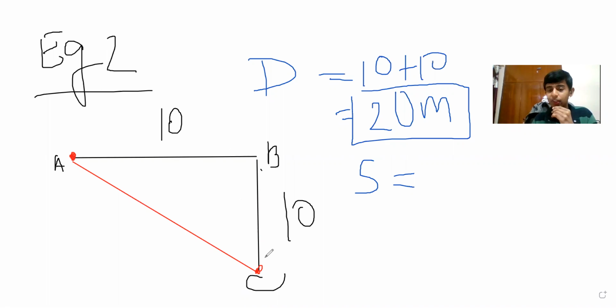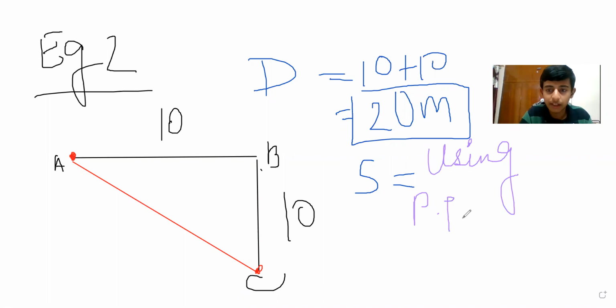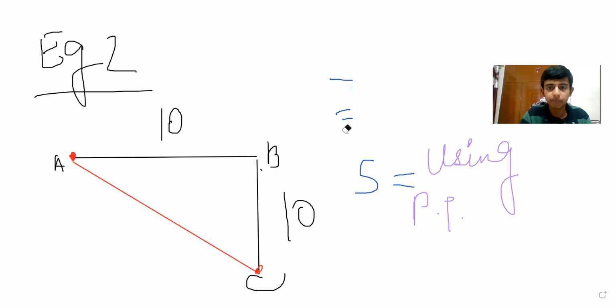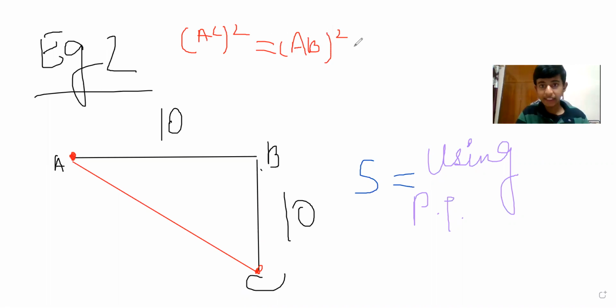So using the Pythagoras theorem, we can easily find it out. Let me erase this part. In the Pythagoras theorem, I know that AC square is equal to AB square plus BC square.